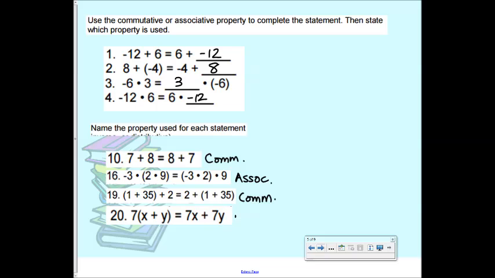So this is the distributive property. All right, because I took the 7 and I handed it out to the x and I handed it out to the y. So the way you can recognize distributive property is on this side, there were parentheses, and on this side, what? There are none. They go away. All right, the distributive property is essentially getting rid of those parentheses.